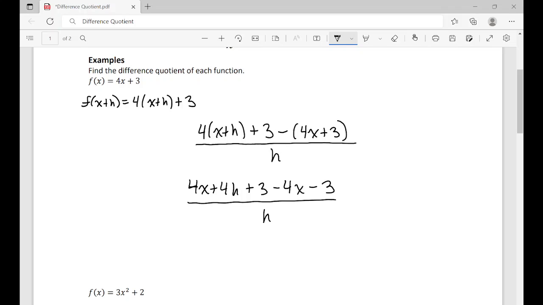If it doesn't, you've made a mistake. The positive 4x and negative 4x will cancel, positive 3 and negative 3 will cancel, leaving you with only 4h over h. The h's should cancel out as well, leaving you with only 4. So the difference quotient for this function is just 4.